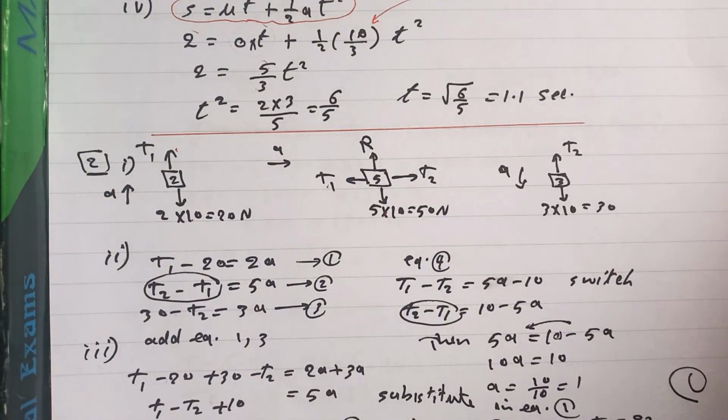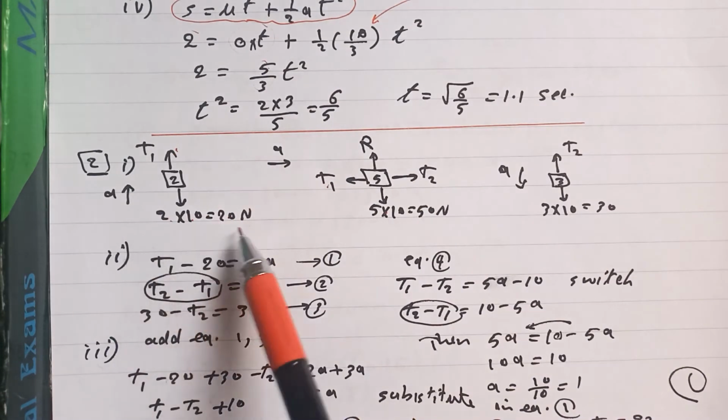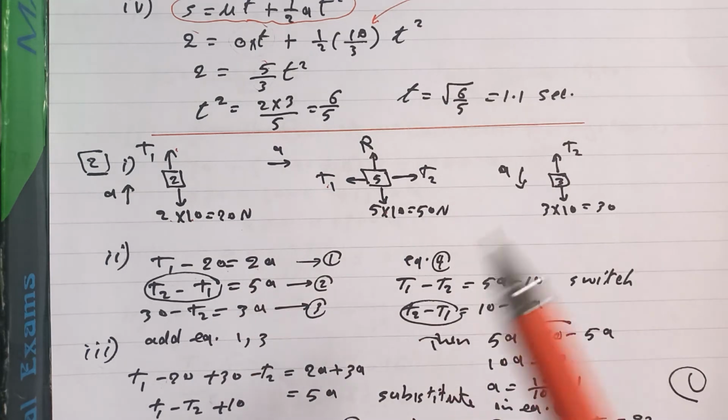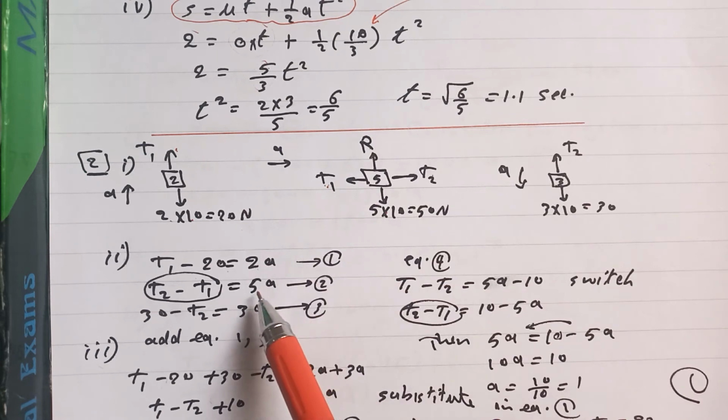double I, write down the equations of motion. The equation of motion for this one, for example, will be T1 minus 20 equals 2A, the mass times the acceleration. And for this one, it will be T2 minus T1 equals 5A, which is 5 kilograms times acceleration.